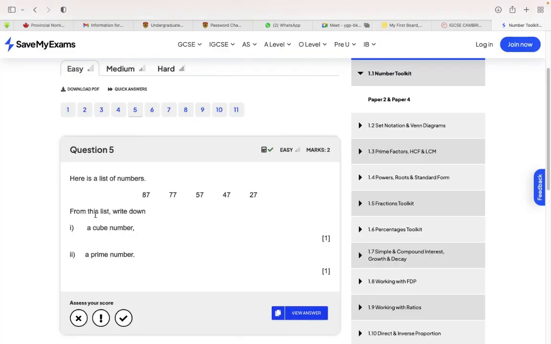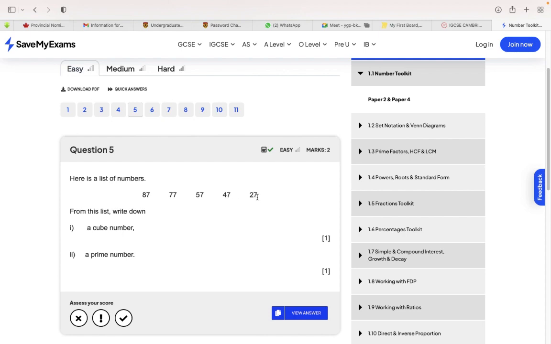The question says, from the list, write down a cube number. Okay, we passed 88. We passed 87; we didn't see any number that if you raise to the power of 3, you get 87. We passed 77; we didn't see any number that gives you 77. We didn't see any number that gives us 47.